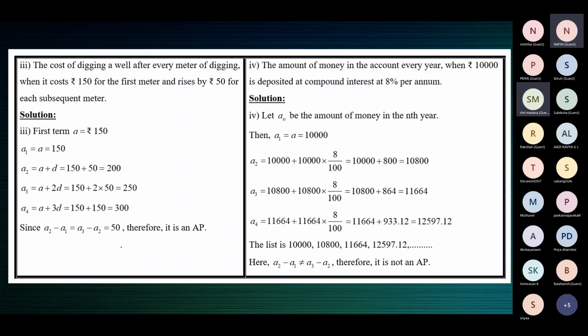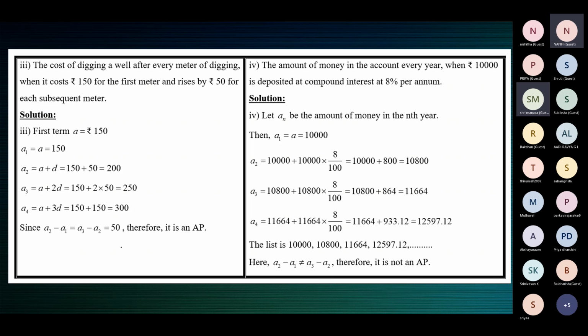The amount at the beginning of the next year, 2023, will be the second term. The money at the beginning of 2024 will be the third term. 2025 is the fourth term, and so on. So the amount of money in a person's account every year, those values form the different terms of the sequence.